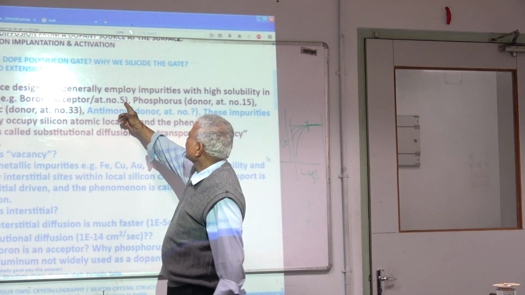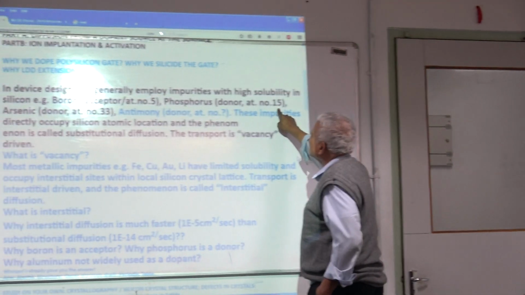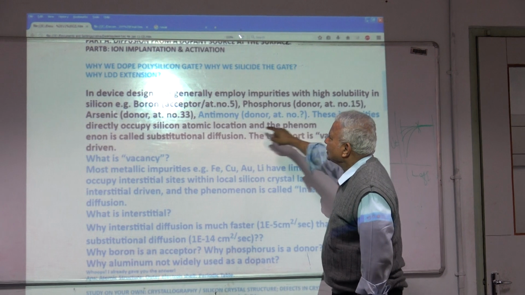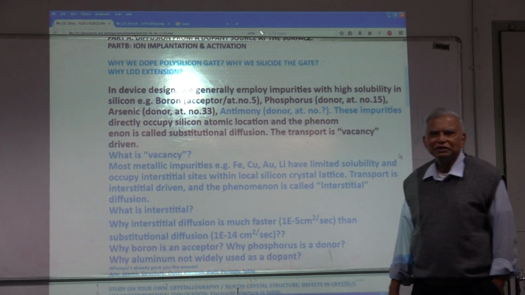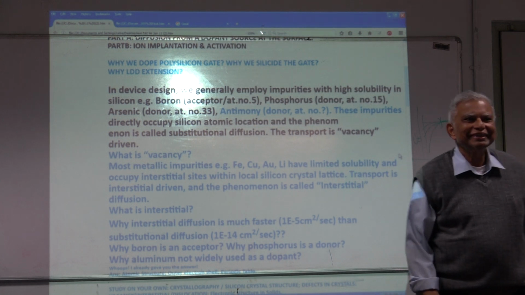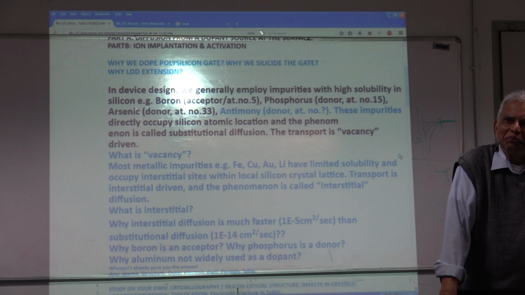So we have boron with 5, phosphorus with 15, arsenic with 33. Can anyone tell me how many protons are inside an antimony atom?